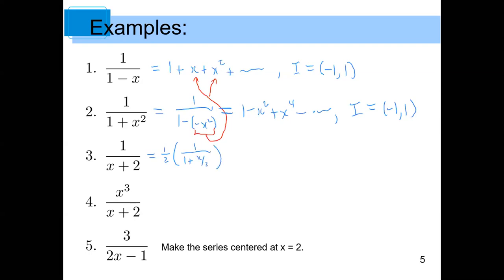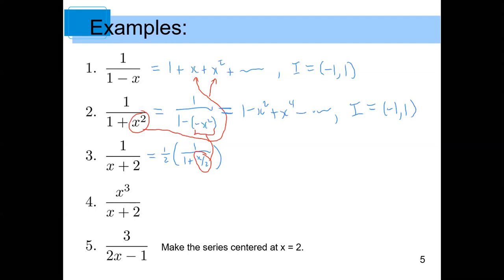And then we actually used number 2, the second thing, to get the power series representation for the third one, yeah? We basically took this guy right here and replaced x with, or hang on, we replaced x squared with x over 2, essentially. If you want to think about it that way, all right?